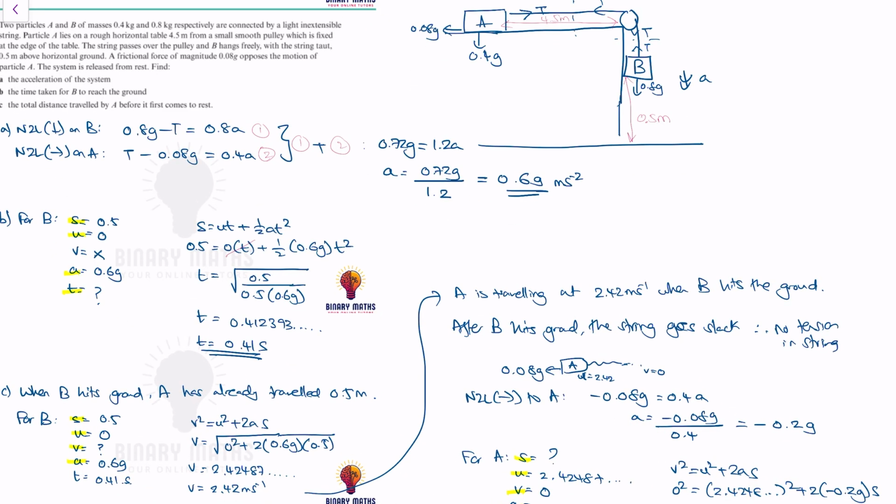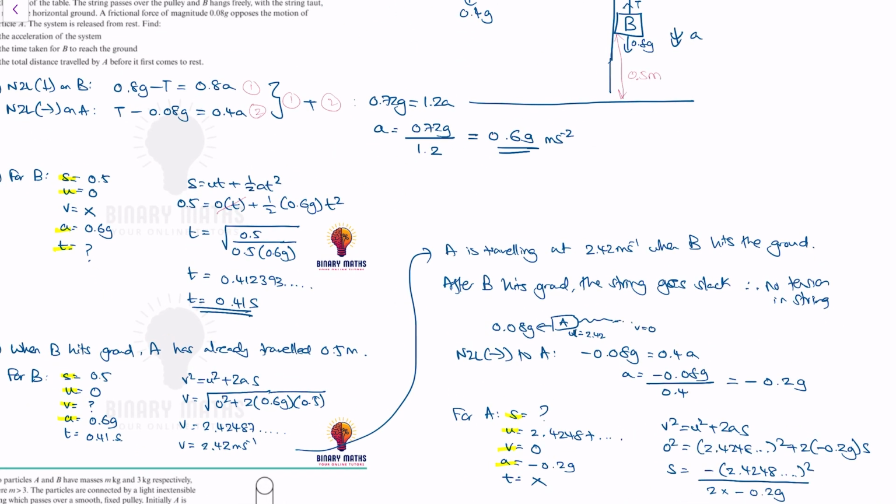If I put that into my calculator, s comes out as 1.5 meters. Therefore, the distance traveled by A is equal to the 0.5 meters initially plus the 1.5 that I've just worked out, which works out to be 2 meters.